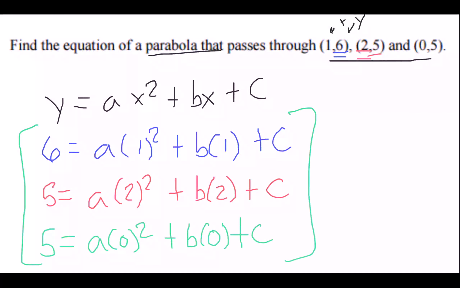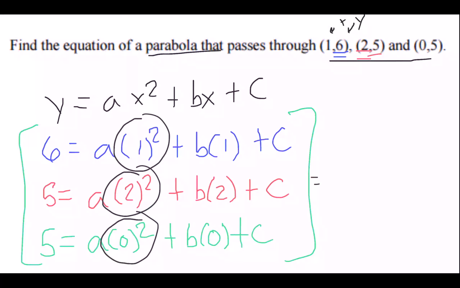I'm going to use these 3 equations to find out some information, so I'm going to solve them on the next slide. I'm going to square all of these and multiply them by a, so let's get a better idea of what this really equals.